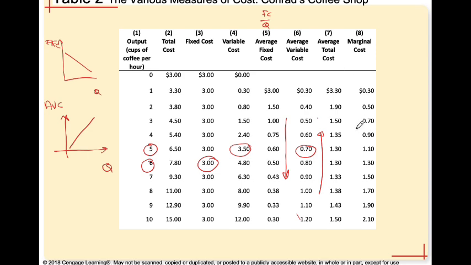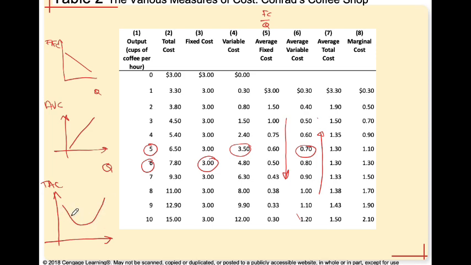Average total cost is tricky because you notice how one is going down and one is going up, and eventually when you talk about the total average cost, it's basically a sum of these two things. The total average cost curve has a weird U shape.